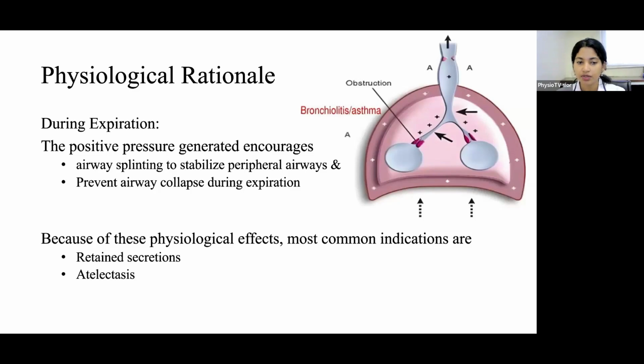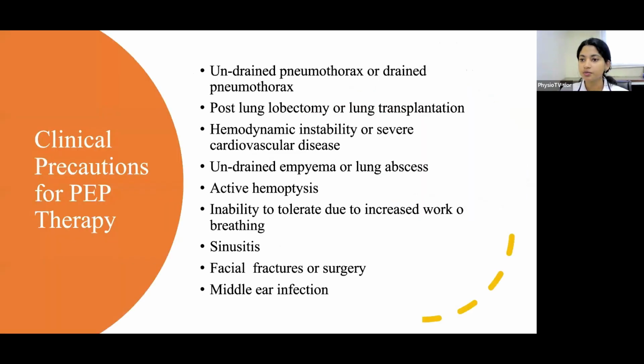Okay, let's move on. Before starting any therapy or any treatment, you should always go through the clinical precautions, contraindications or relative contraindications to that therapy before you prescribe it to your patient. So let's understand the clinical precautions that must be taken for PEP therapy.